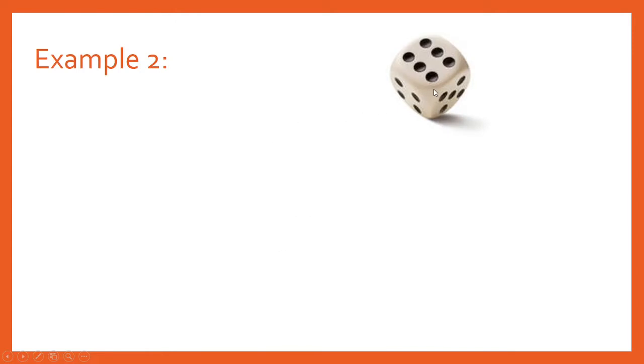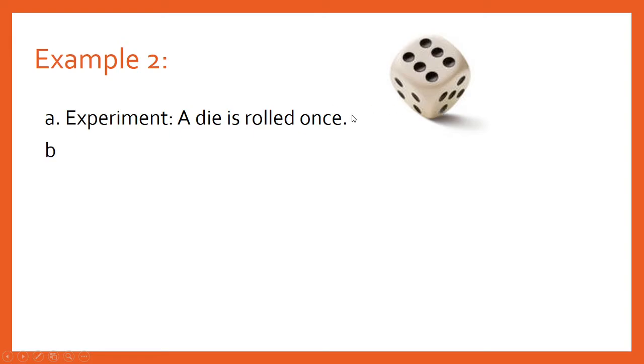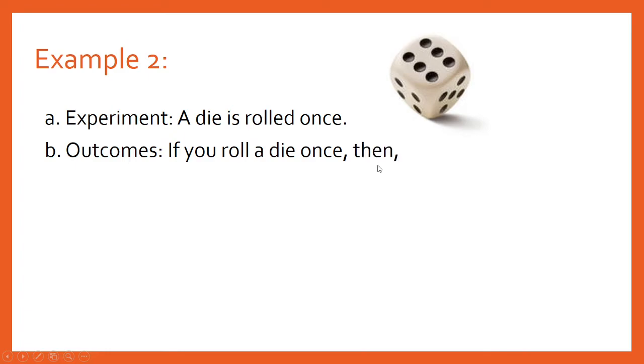Okay, so example, heto yun, yung sinabi ko kanina. The experiment is a die is rolled once. So, you roll a die once. So, pag nag-roll kayo ng die, the outcomes, you will have 1, 2, 3, 4, 5, 6.